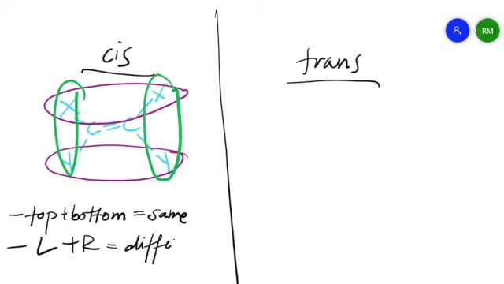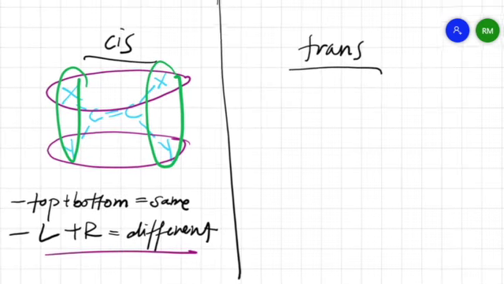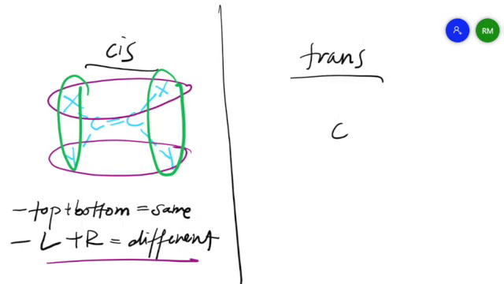Now remember that this bottom rule applies to all cis-trans isomers, but I'm just writing it down to clarify what I mean. Then when we look at trans isomers, a trans isomer has atoms that are on opposite sides of the double bond. So if I drew another molecule, let's use the X and Y example again.